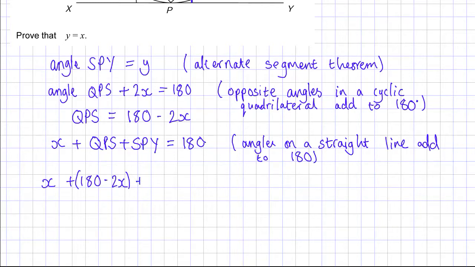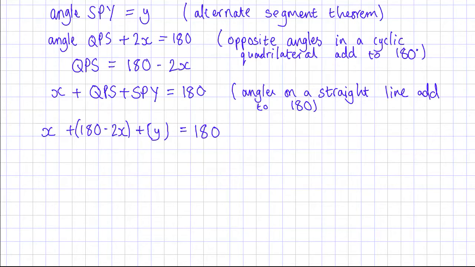So plus y, and I'll put that in brackets as well because I substituted there, equals 180. Now I'm just going to write this again without the brackets. So I'm going to say x plus 180. Now if I'm plussing 180 minus 2x, that means I'll get plus 180 and minus 2x. So I'm going to get minus 2x, and then plus y is equal to 180.